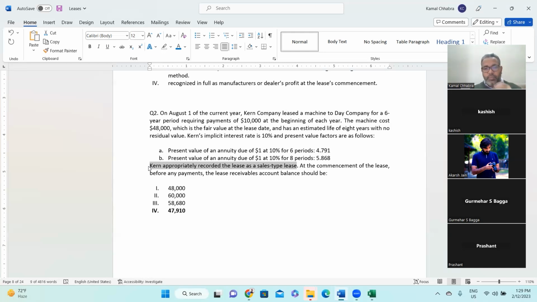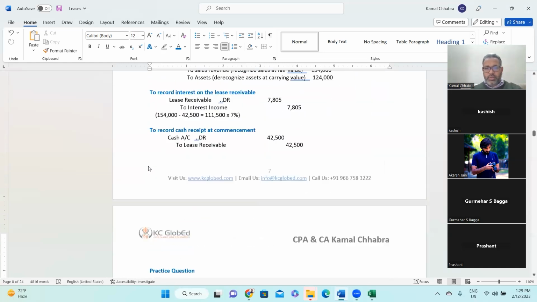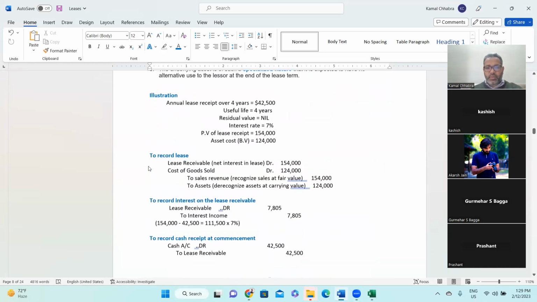And then the call of the question is: at the commencement of the lease, before any payment, the lease receivable account balance should be how much? So the lease receivable account debit to sales should be for how much amount? The present value of the lease receivable. Simple. So multiply the total. Yes sir. That is what we discussed here also.